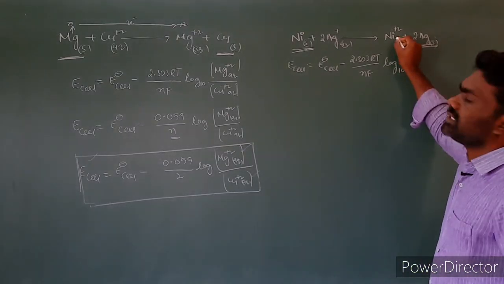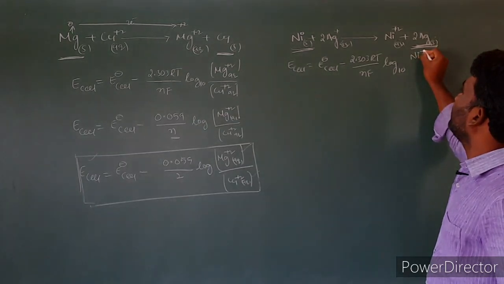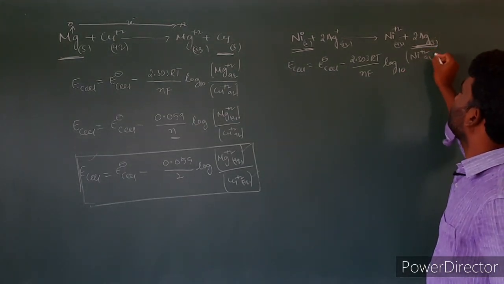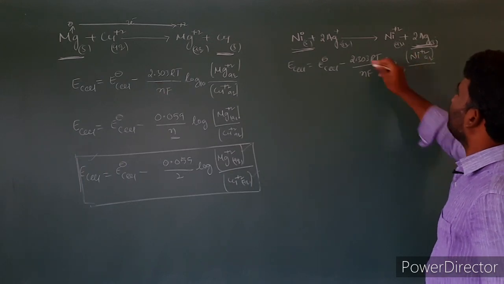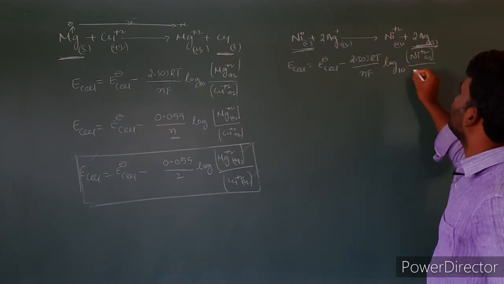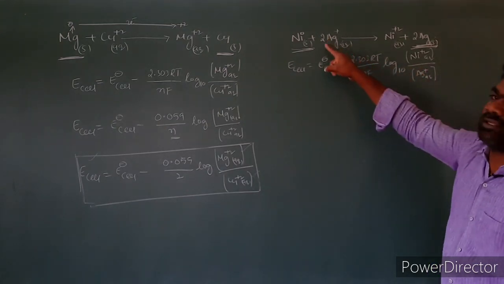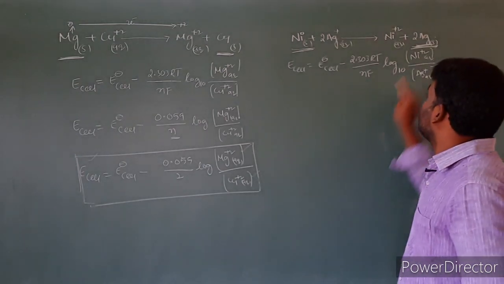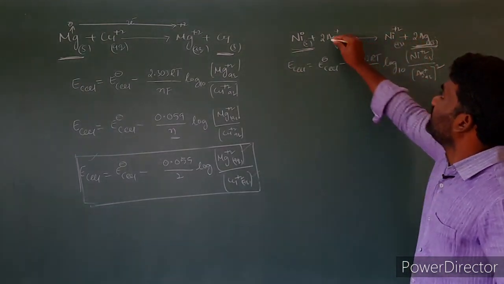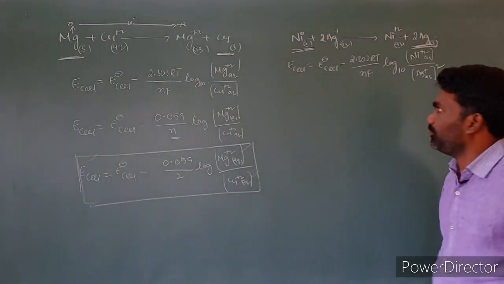Then we have concentrations of products by concentrations of reactants. We take the Ni2+ concentration by the Ag+ concentration in aqueous state. How many ions are there? Here we have 2 ions, so the concentration is raised to power 2.